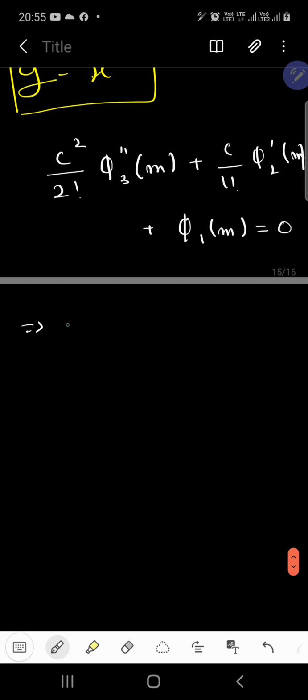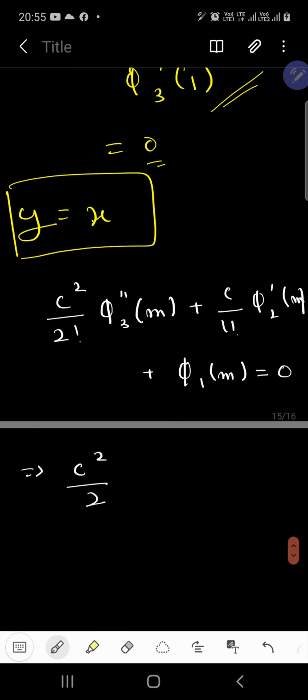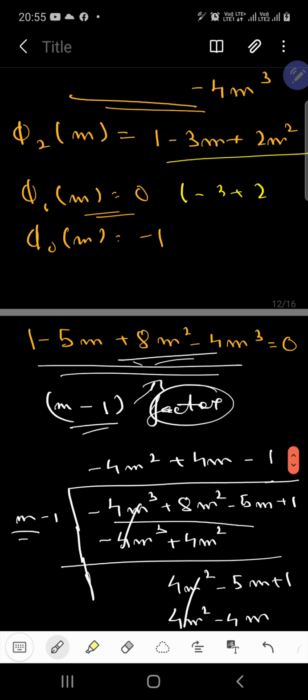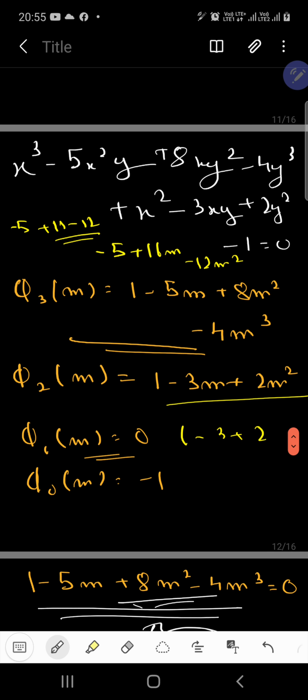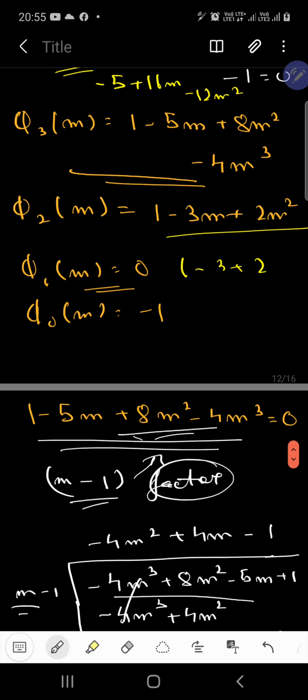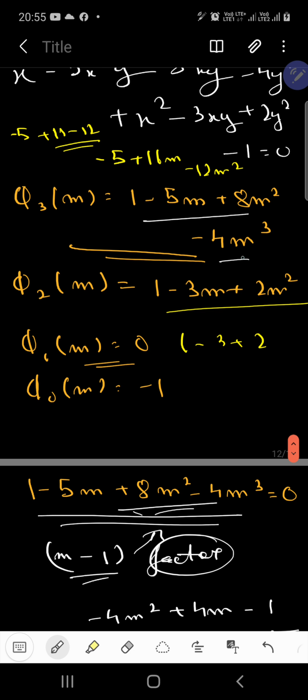So how do we solve this portion? We have c square over 2 phi 3 double dash m. Okay, m is your 1/2. So what is your phi 3? Let me get your phi 3 value. So this one is your phi 3, right? So what is your phi 3 double dash 1/2?